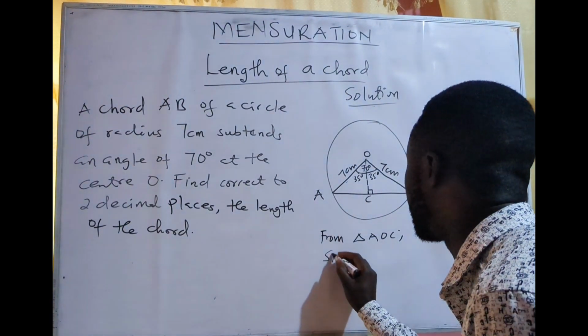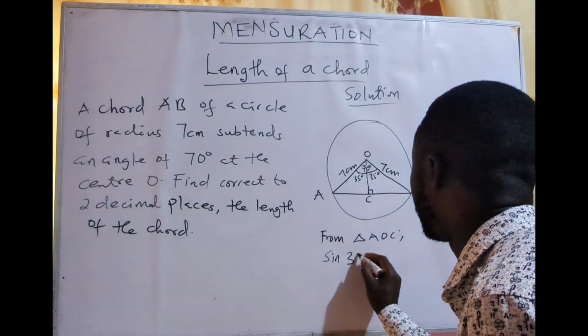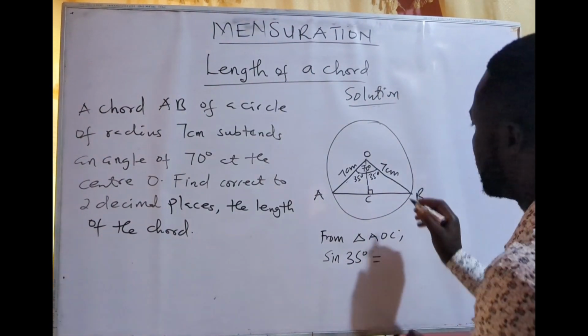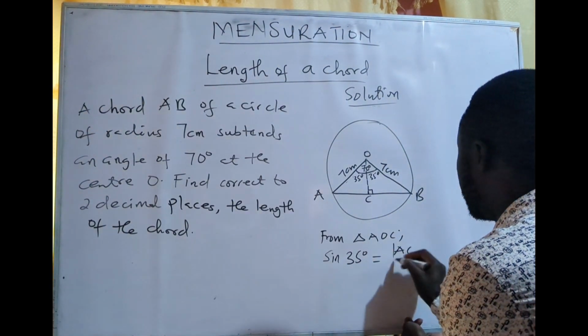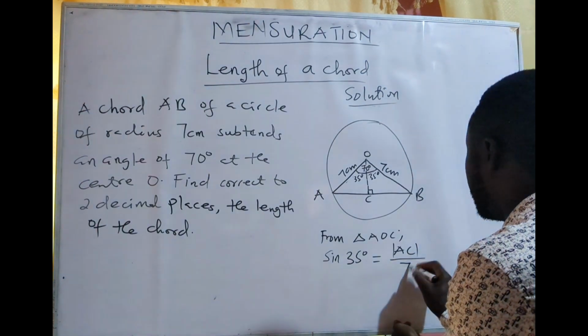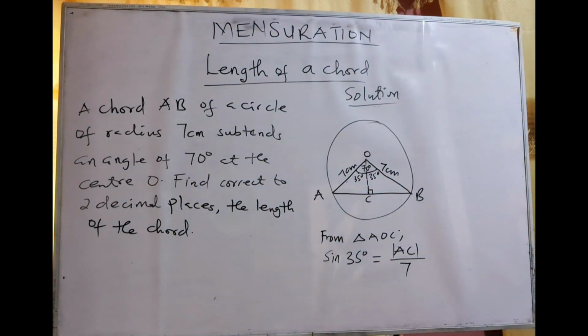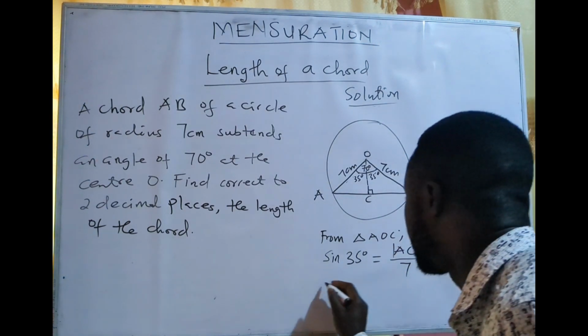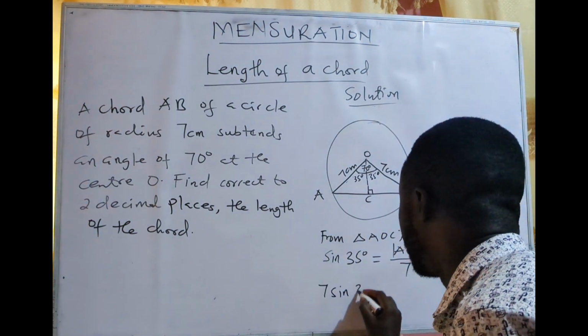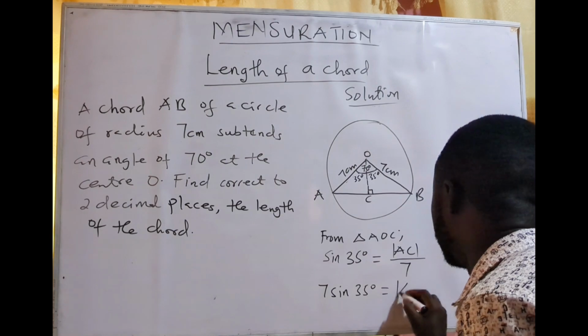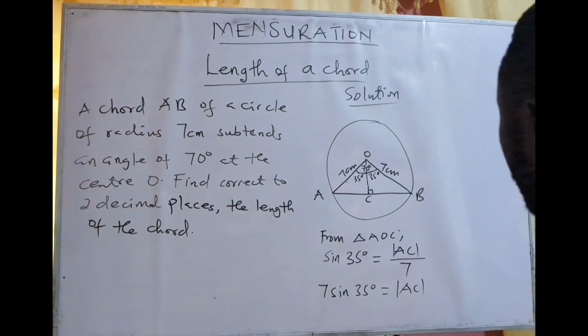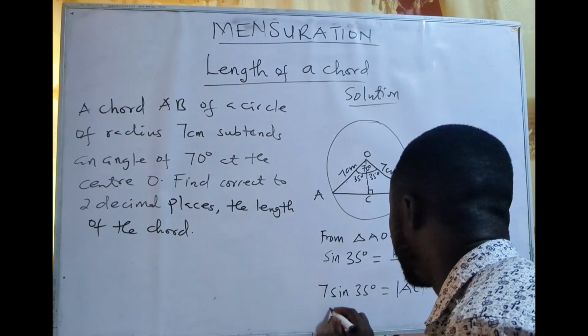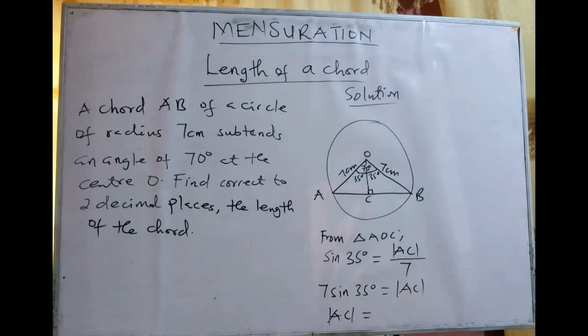So I can say that sine 35 is equal to opposite AC over the hypotenuse, so opposite over hypotenuse. So 7 sine 35 degrees is equal to my AC. And then my AC will be 7 sine 35. Let's use the calculator.